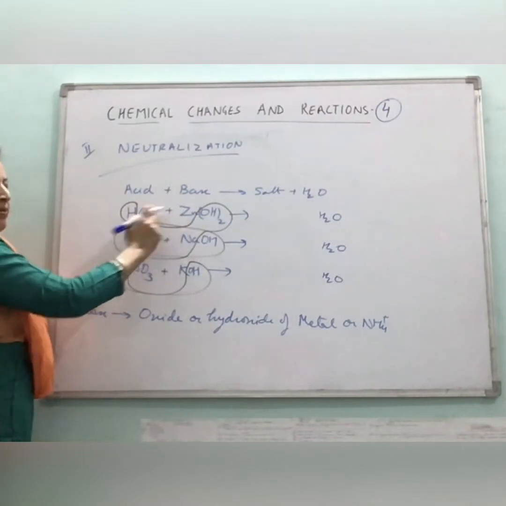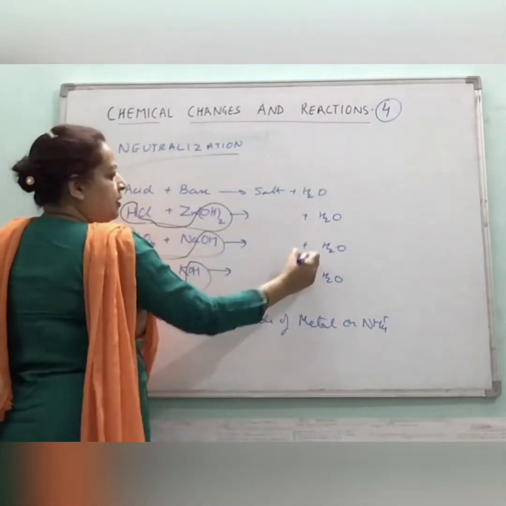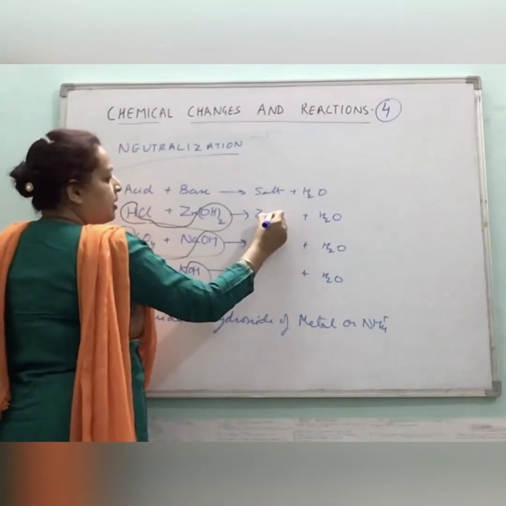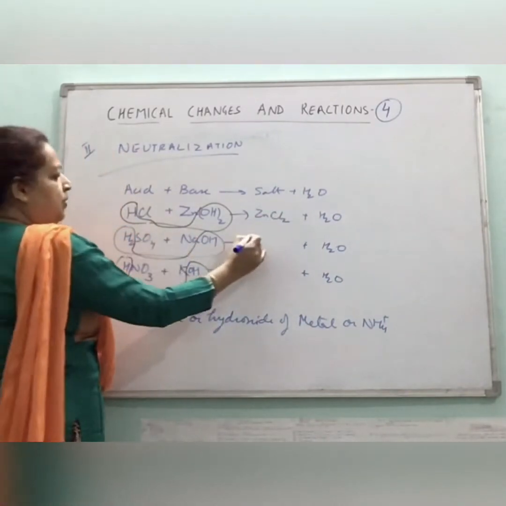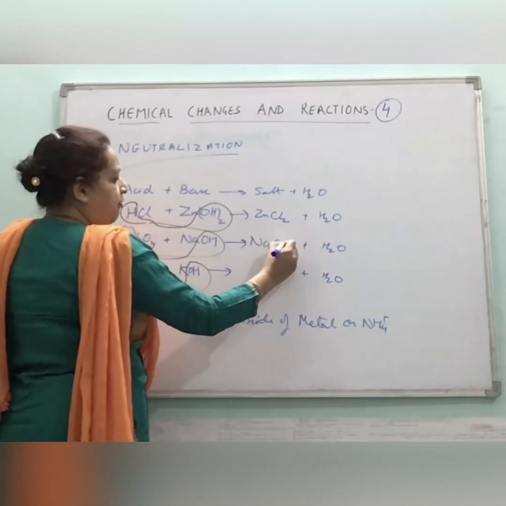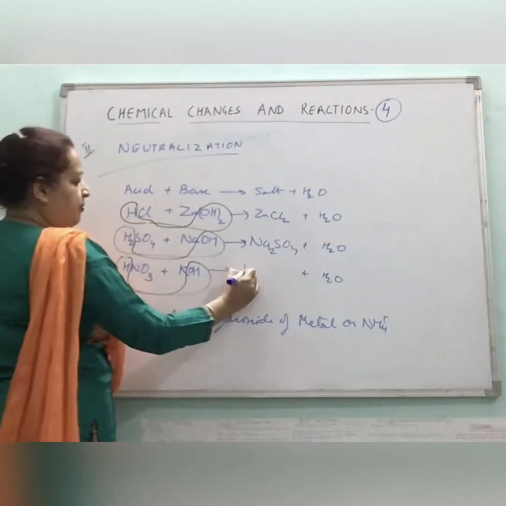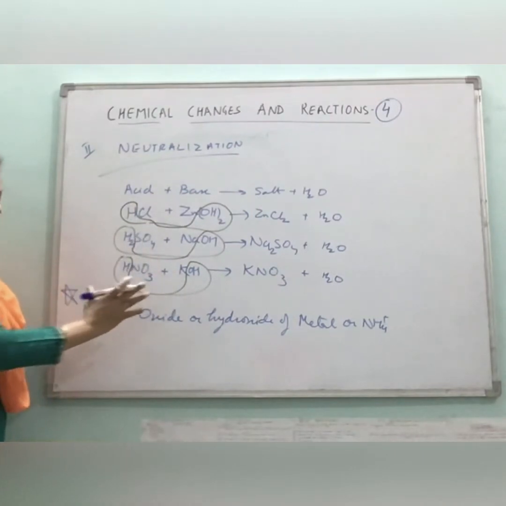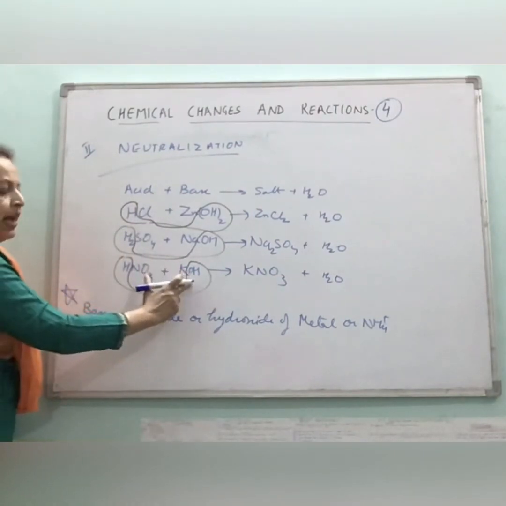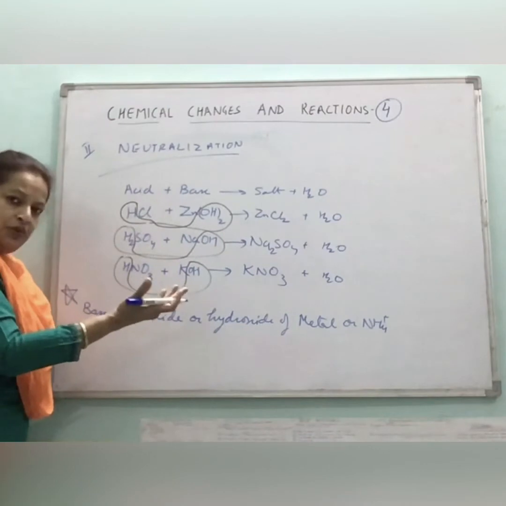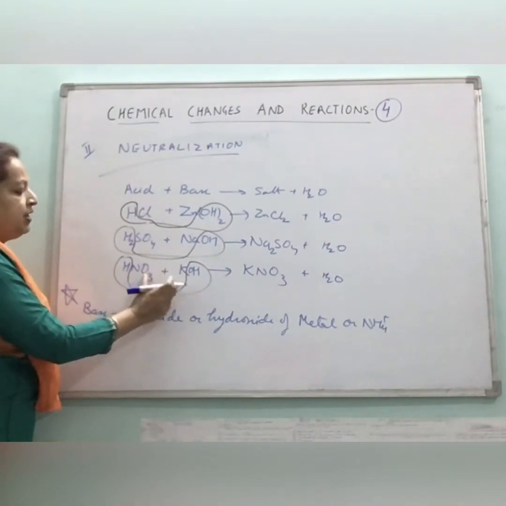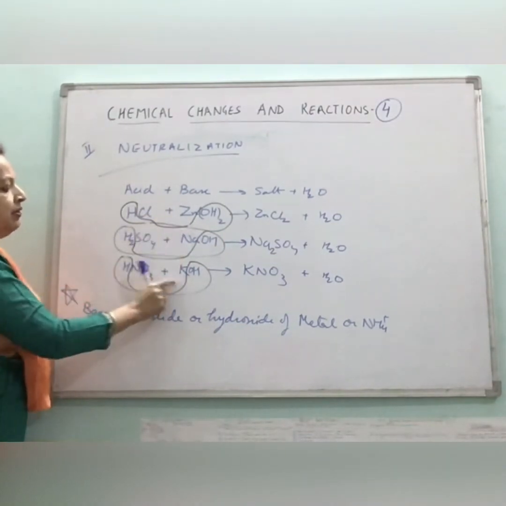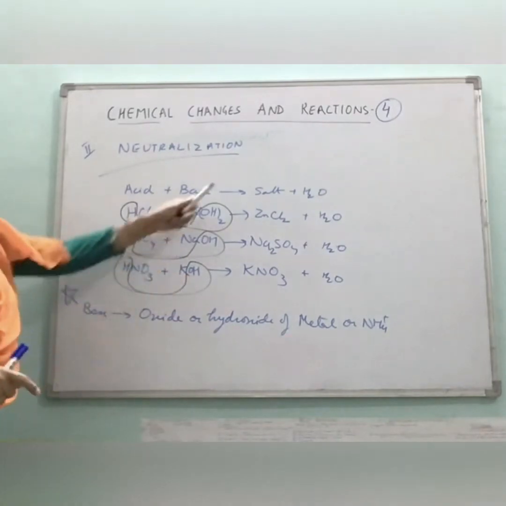Two radicals combine, exchange of ions: zinc, chloride, sodium, sulfate, potassium, nitrate. Exchange of radicals takes place. So hydrogen from the acid and hydroxide or oxide react to form water, and these two combine to form salt. That is called salt.